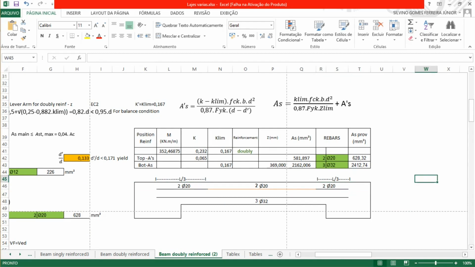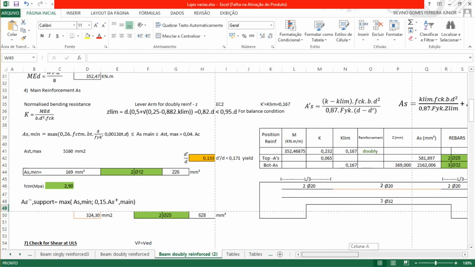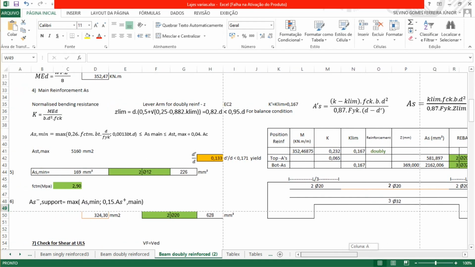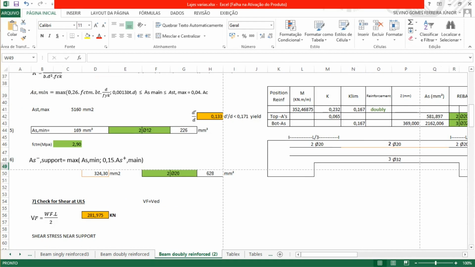So at more or less this span, 1/3 of the span here at least, the reinforcement there on the top will be given by this expression.